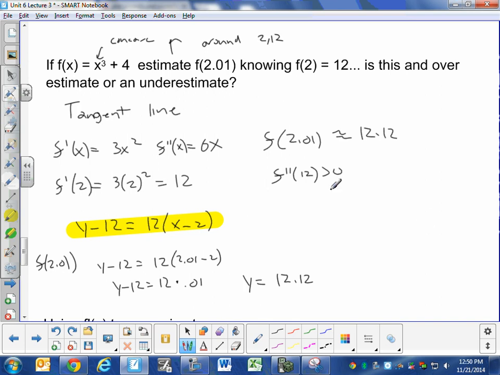I always, even to this day, I always have to draw a piece of a graph that's concave up. And I always have to kind of sketch my tangent line just so I can think about it. And I say, okay, the tangent line is under my actual function. This, which is my approximation, is an under approximation. This is under the true value of f of 2.01.